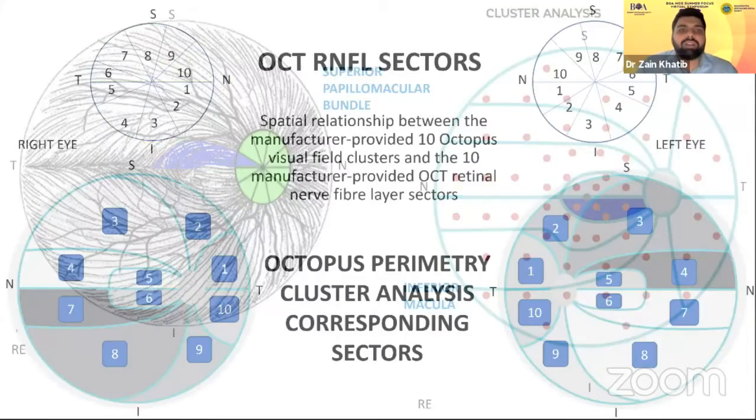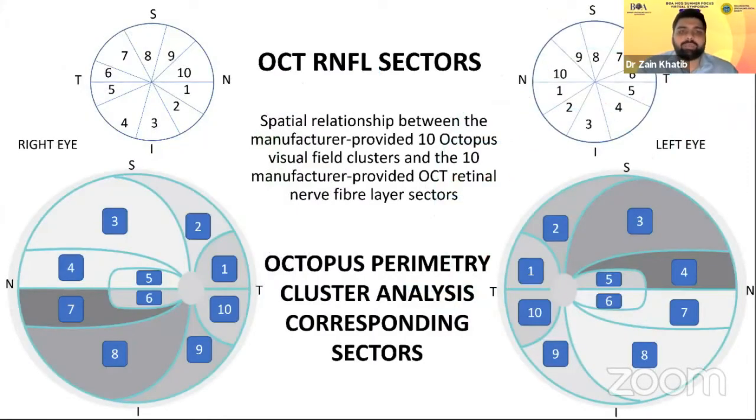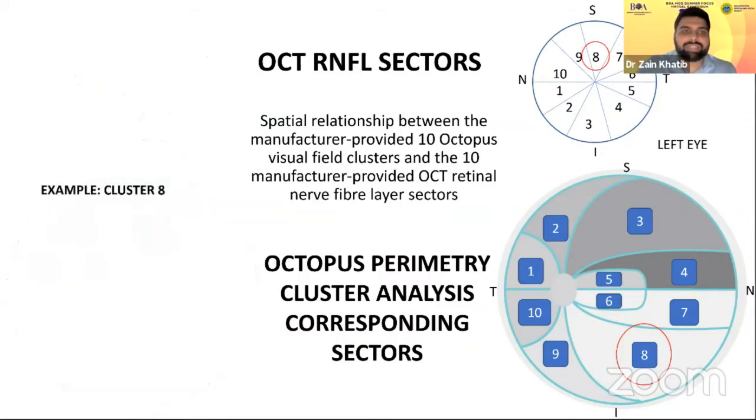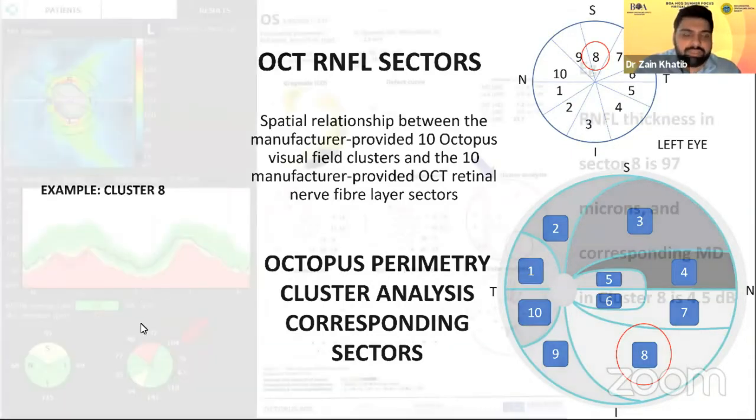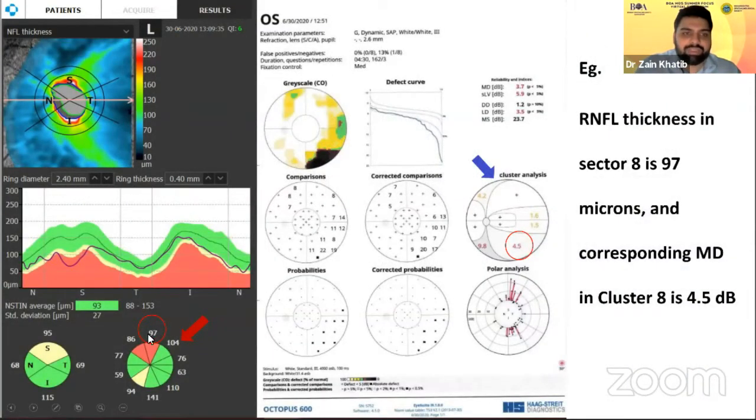So we numbered the OCT sectors and the corresponding perimetry clusters, and our study was basically to see the correlation between these 10. For example, cluster 8 over here, just to show an example, in this OCT sector diagram, you can see the value is 97 microns, and the cluster analysis shows a mean deviation of 4.5 in cluster 8. So this is how we correlated.